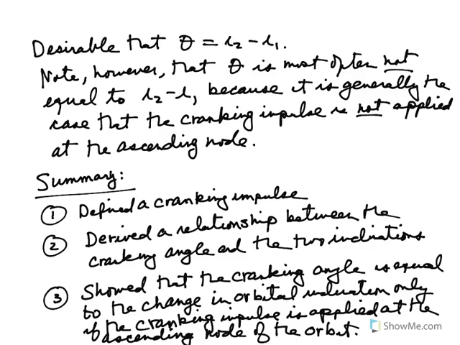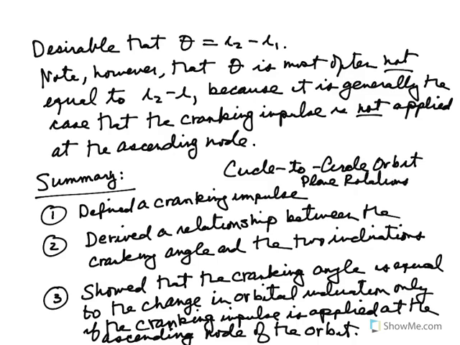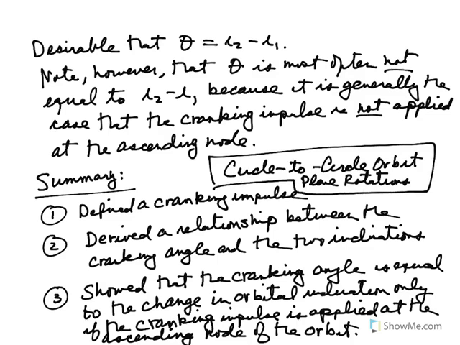If it's applied anywhere else, it's not equal to the change in orbital inclination. And it's important that you understand that this is only for the case of circle to circle transfers, or orbit plane rotations. We didn't deal with the case of ellipses. We're only dealing with circle to circle orbit plane rotations.